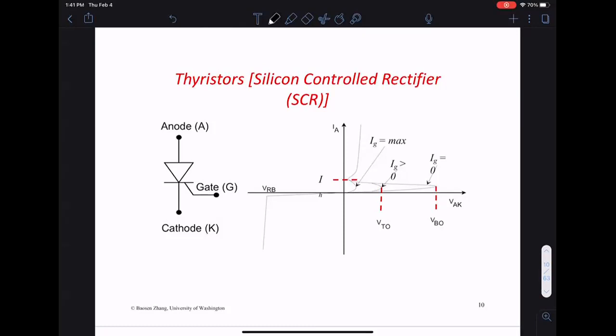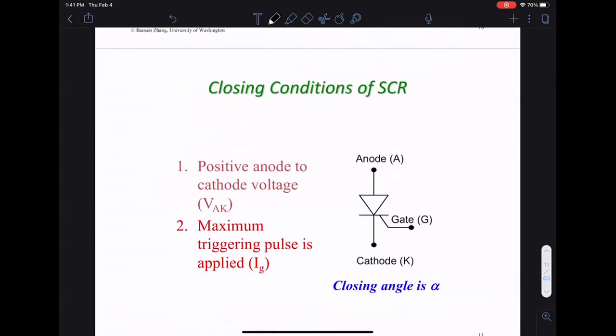So the SCR is basically a controllable diode, a diode where you can control the turn-on voltage. You open at a triggering angle, and you can close at another angle, or you just close when the current going through you is 0.